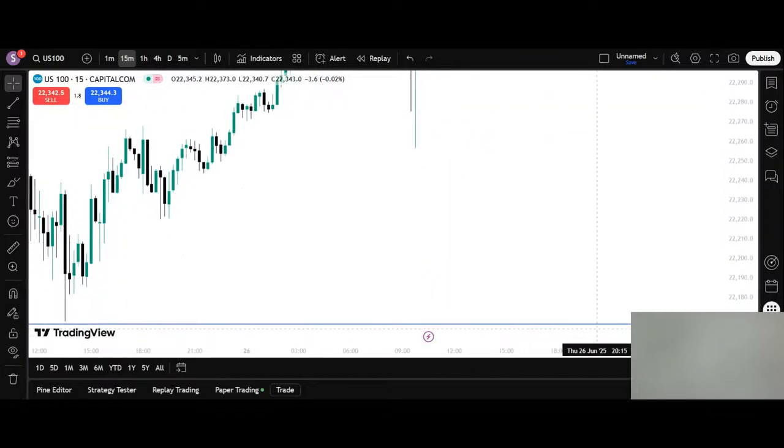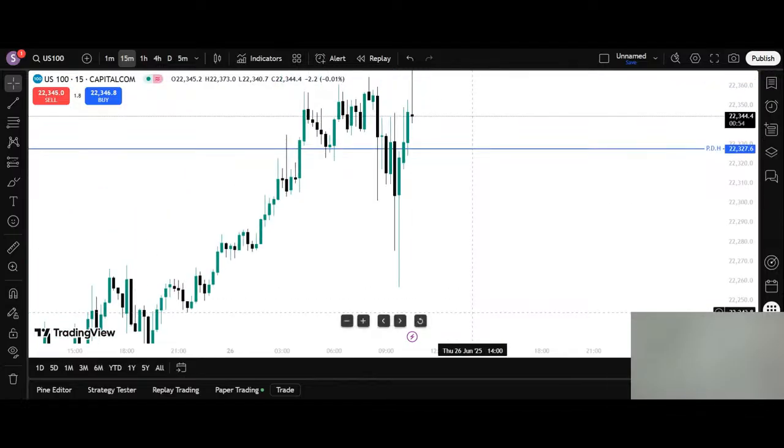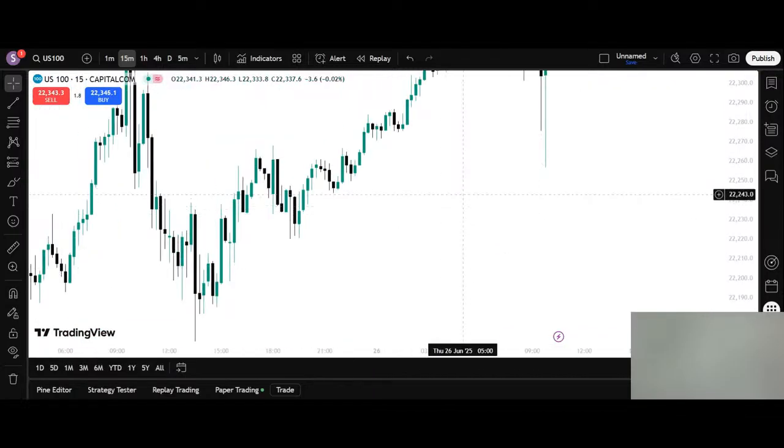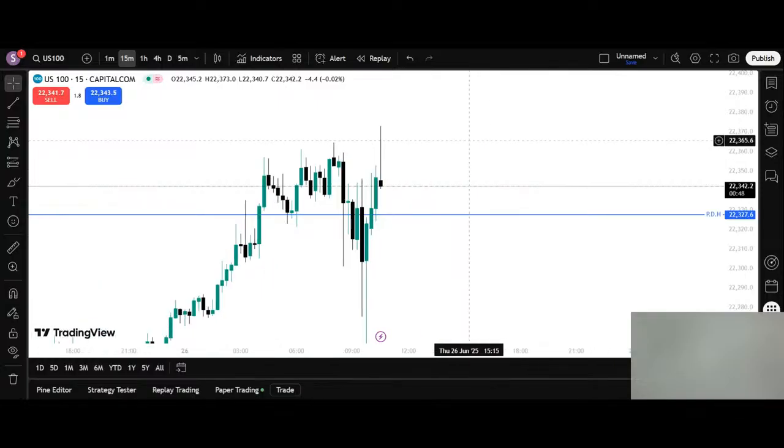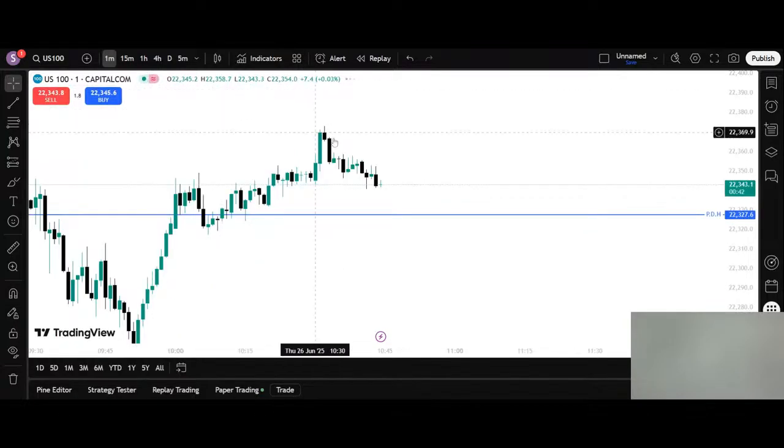I wanted to tap into that. The last is a bullish FVG, which is here. So I want to go and sell. I'm gonna wait and see if I can find a sell.